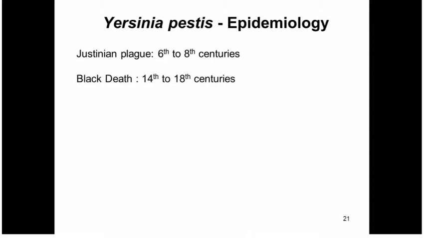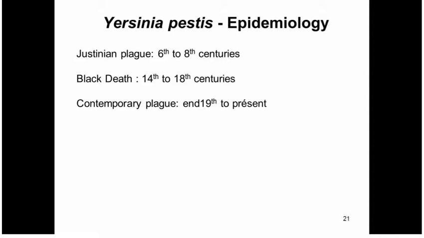So it disappears and then reappears again, in Europe at least, with the Black Death in the 14th century. And then once again, there's a huge wave of infection. 1/3 of the population of Europe probably killed over 1 or 2 decades. And then periodically came back with plague outbreaks up to about the 18th century.